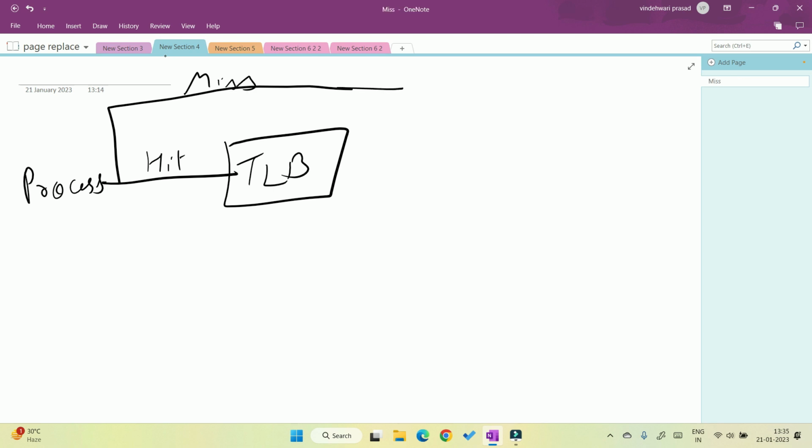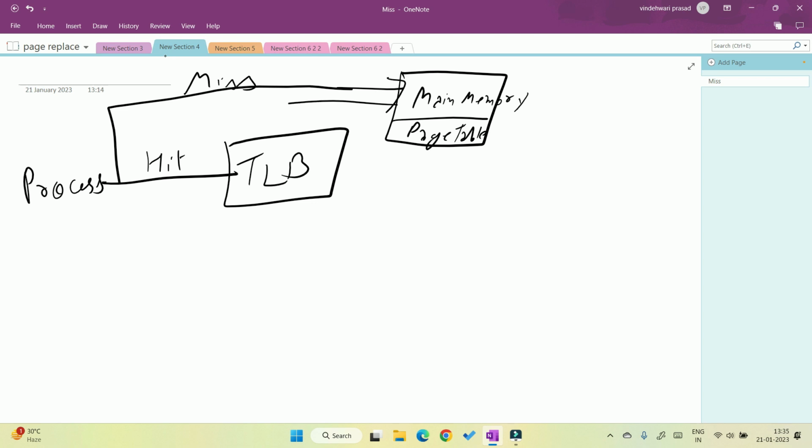The process will go to the page table, and from the page table, it knows whether the page frame is present in the primary memory or the secondary memory. If it is present in the primary memory, meaning main memory, then the page will come back to the TLB again, so that next time if the same page is required, a TLB hit happens.